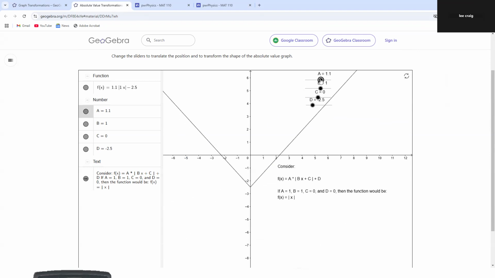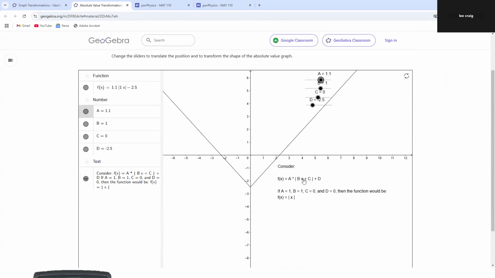So that's all the stuff that is outside of the function. We added something that shifted it up and down. We changed the number outside after we took the absolute value. That is the function at play here, and that changed the slope, how fast it went up or down or reflected it or whatever. Inside, I could change those numbers as well.